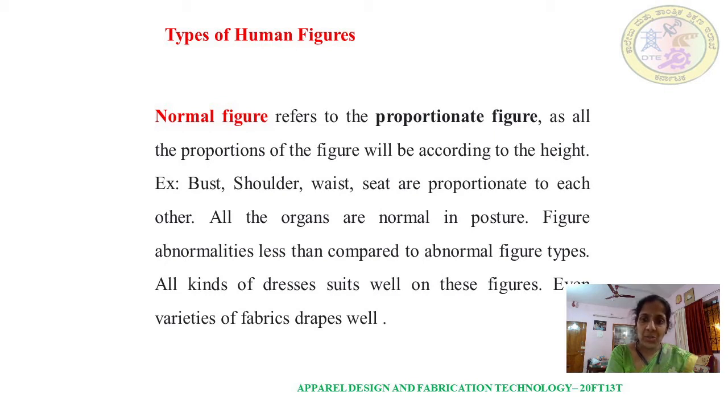Example, bust, shoulder, seat, these all organs should stand proportionately and normally in posture. Solely we call as proportionate figure. Here in this type of figures, the abnormalities will be very less compared to the abnormal figures.